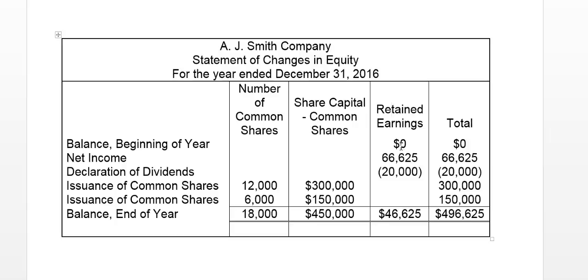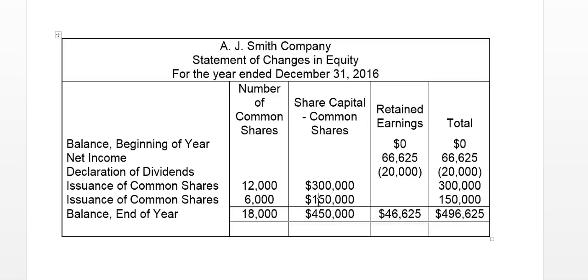Well, at the beginning of the year, retained earnings was 0, and we didn't have any common shares until we issued some during the year. On January the 1st, we issued 300,000, right? We also issued 150,000 later on in the year. So you remember the $300,000 worth of common shares were issued January the 1st, and then we issued some more shares.